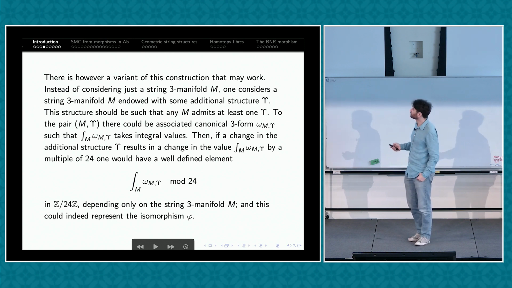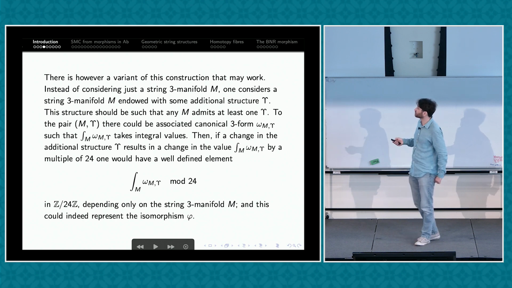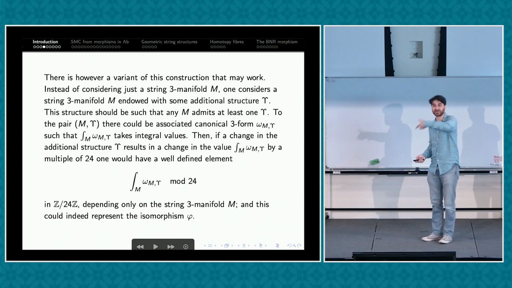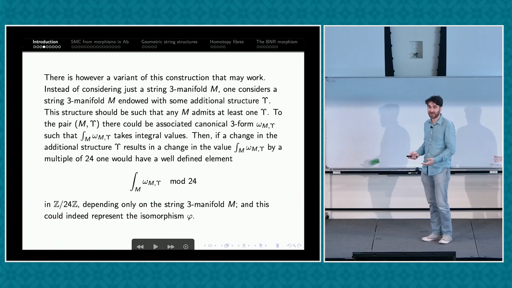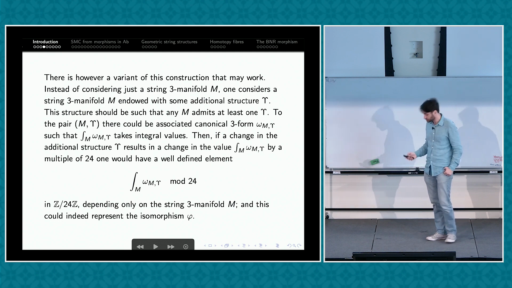And if I'm able to do this, then I have something that takes values in Z mod 24, well, not for any M, but for those M's that admit the additional datum. So I have to take care of the fact that any M should admit at least one of these Y's.